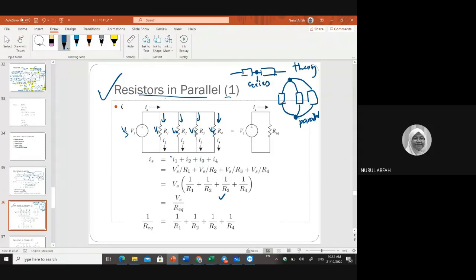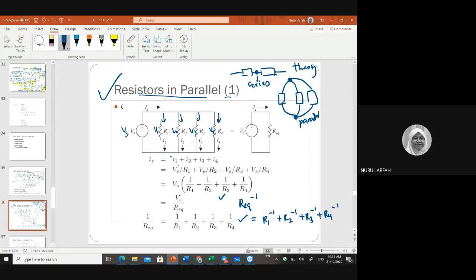Okay, and then rearrange, you will have the reciprocal of resistance, which will be equal to the equivalent resistance. So you can write it like this, or you can also write it as R1 inverse plus R2 inverse plus R3 inverse plus R4 inverse, equal to inverse R equivalent. Okay. Why do I write it like this?